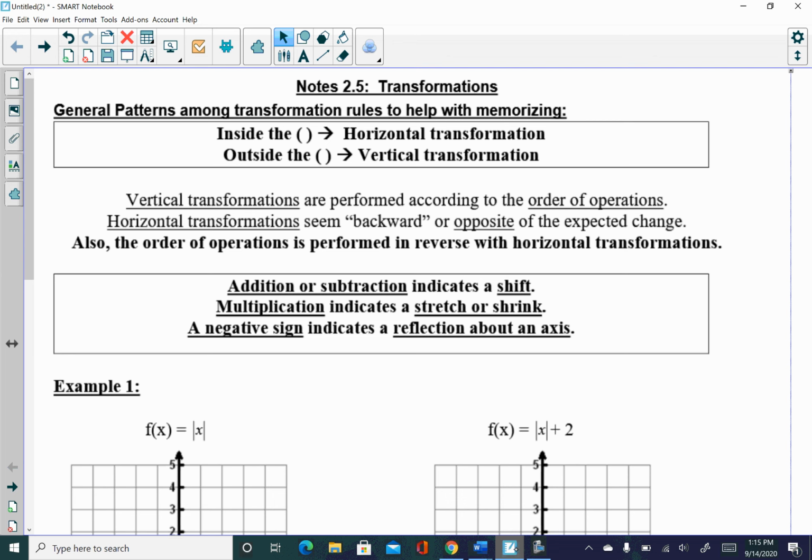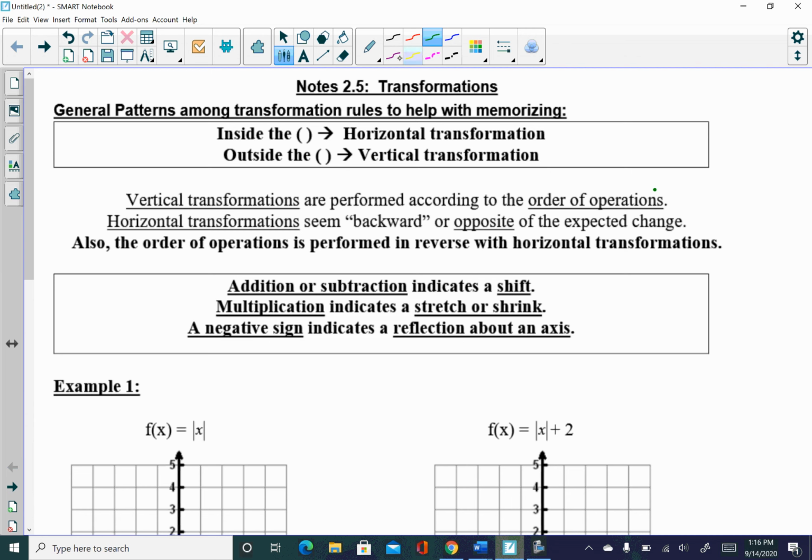Looking here on the first page, there are some general patterns associated with your transformations. Keep in mind, anytime you see something happening inside the parentheses, those are horizontal transformations, meaning your left-right movements. And it should be noted that horizontal transformations always move opposite of what you think.